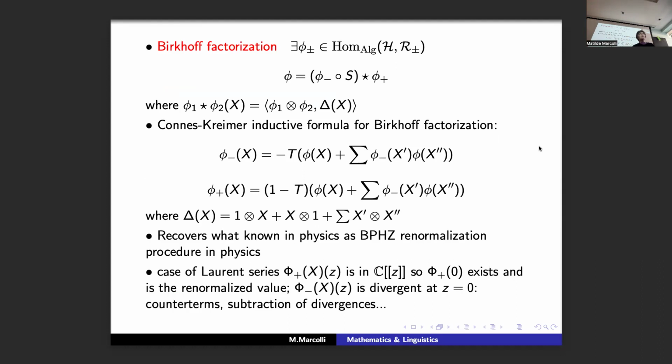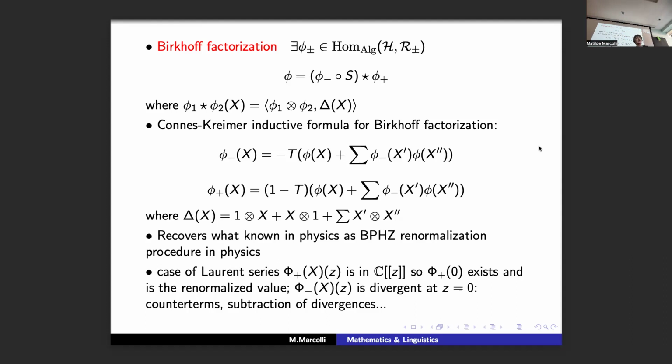Yeah, that's right. This is the only solution to this equation up to an overall constant normalization factor. And the reason why this is the only solution is because of the recursive way in which the antipode is constructed.